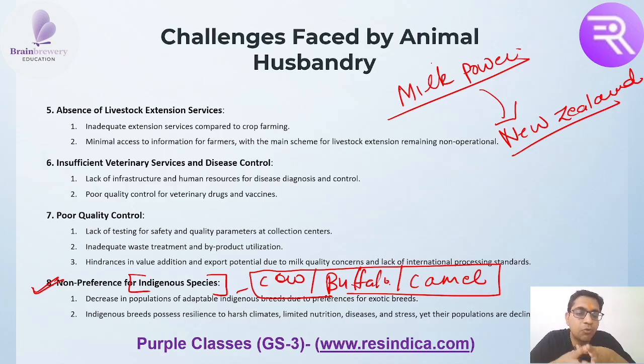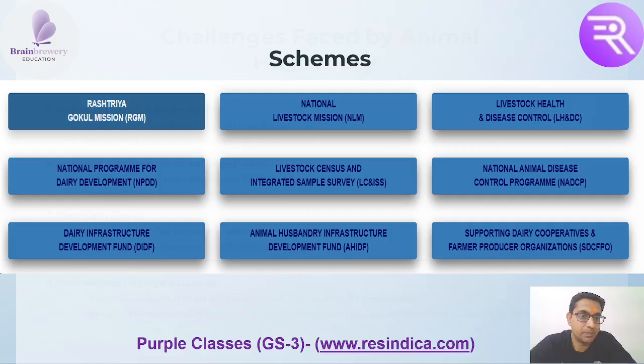So we need to promote our own indigenous species, because they are more resilient, more tolerant to harsh climate conditions. They can live with limited nutrition, and they have disease resistance capacity. They can bear any kind of stress because they are living in India. That is why we have to prefer our indigenous breeds for all these purposes.